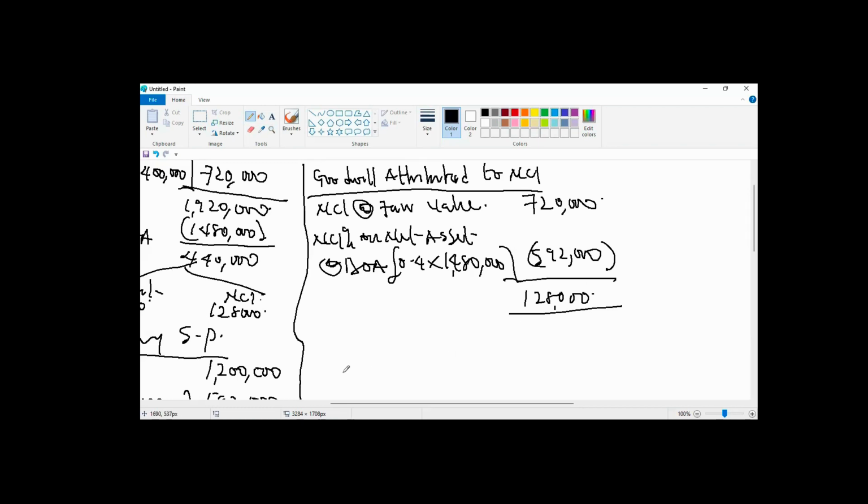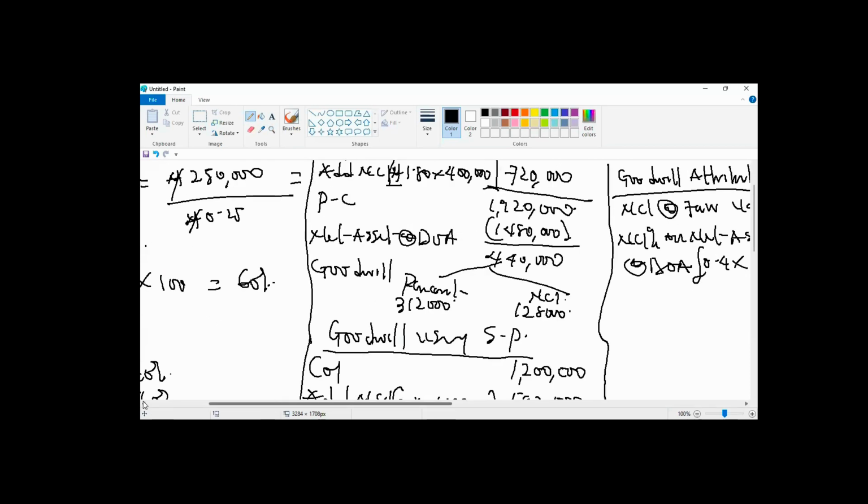Now, let's say we are doing a higher question, let's say this question. They now give me goodwill attributed to NCI in the question. They give me goodwill attributed to NCI of 128. I cannot get the total goodwill.